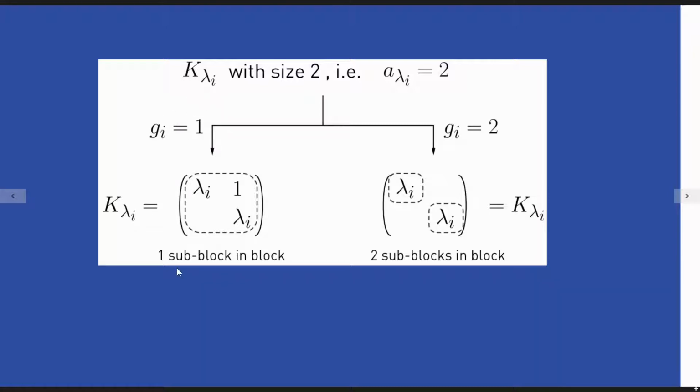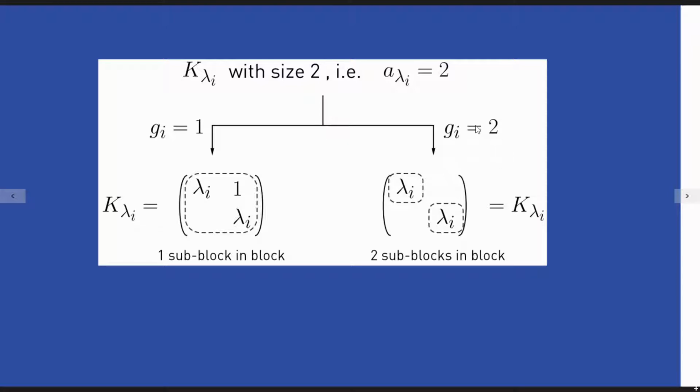In this case, there is one subblock inside of the larger Jordan block k lambda I. And the block has to look like this here. Lambda I on the diagonal and 1 here, because there is only one subblock inside of the block, because the geometric multiplicity is equal to 1.